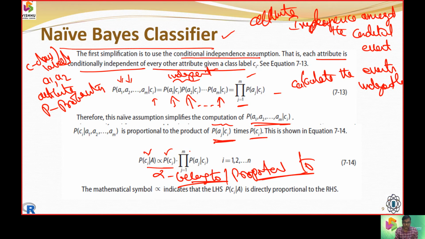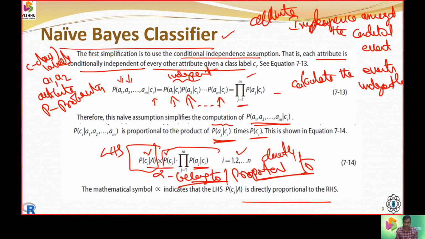It will be the product from 1 to m of the probability of event Ai given the class Ci, for all the attributes we take up. So the left hand side is directly proportional to the right hand side, and in this way we derive the naive Bayes classification.